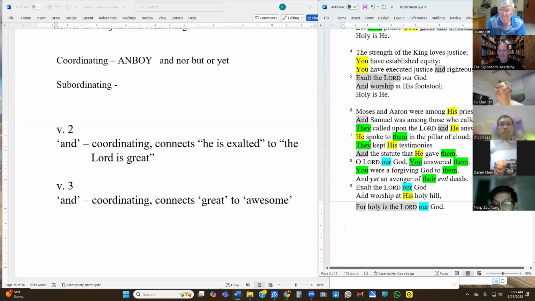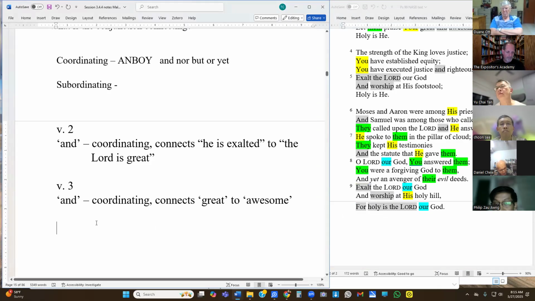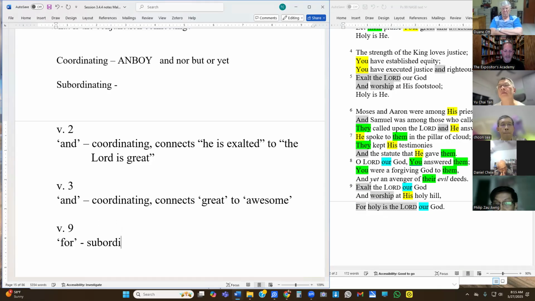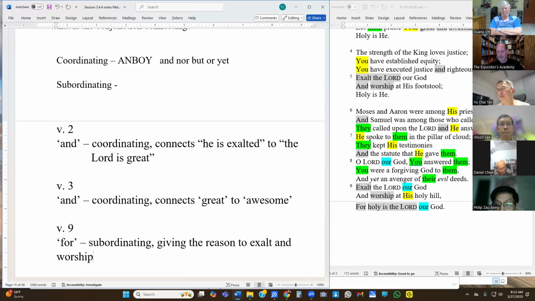And when we did the diagram, we identified it's coming under exalt and worship. And it's giving the reason. So we put verse 9 for it subordinating, and it's giving the reason to exalt and worship. Okay?